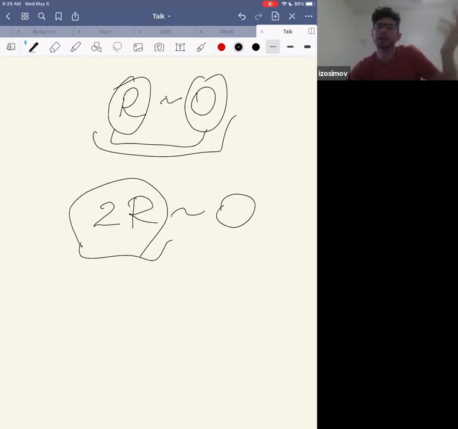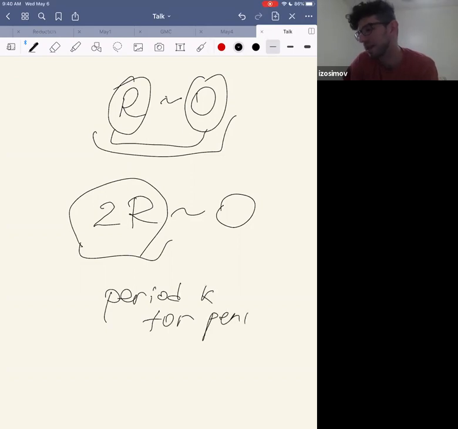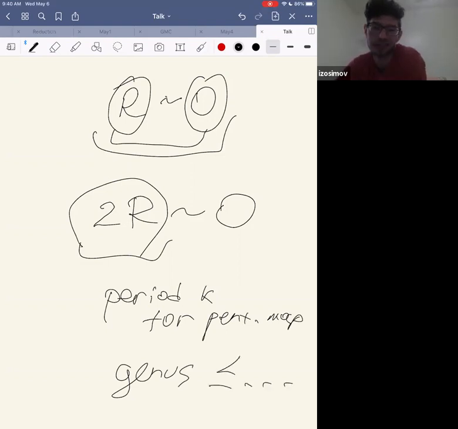So I guess one can prove certain estimates, like if a point is of period K for the Pentagram Map, then the genus of the spectral curve is bounded by something in terms of K, but it's not very geometric, right? It's still not clear what these polygons look like geometrically. But generically, the genus of the spectral curve is of order n, where n is the number of vertices.